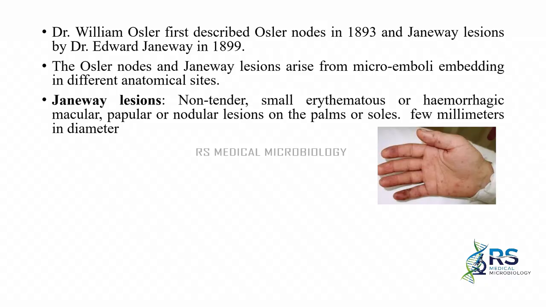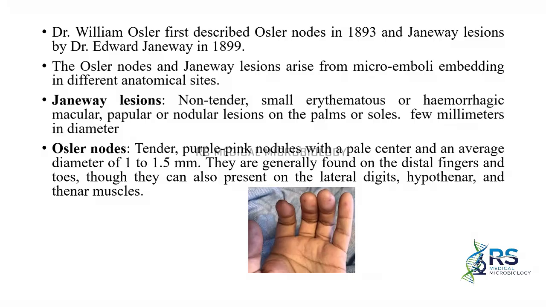First one is Janeway lesions, which are non-tender, small, erythematous or hemorrhagic macular, papular or nodular lesions on the palms and soles. They can range from a few millimeters in diameter. Then you have the Osler's nodes, which are tender, purple-pink nodules around 1 to 1.5 millimeters on the distal fingertips or hypothenar and thenar muscles.